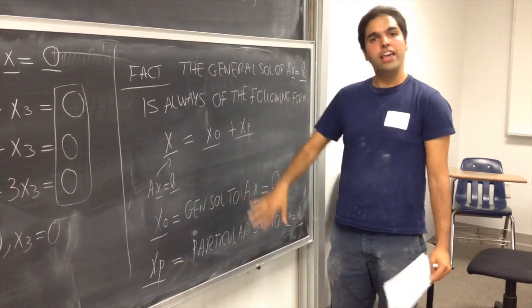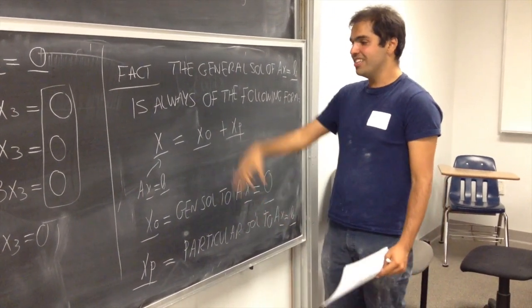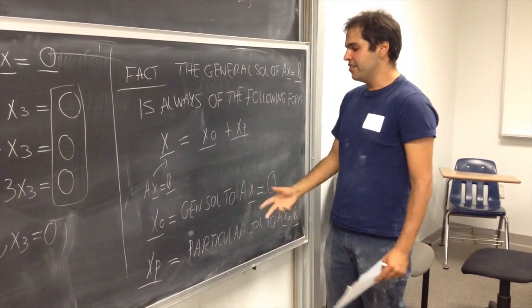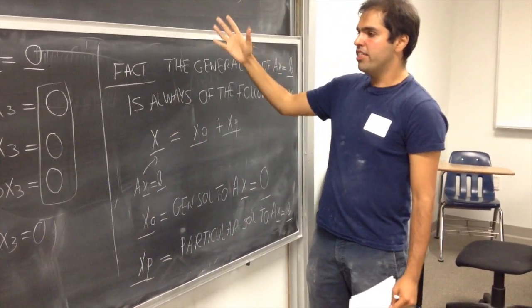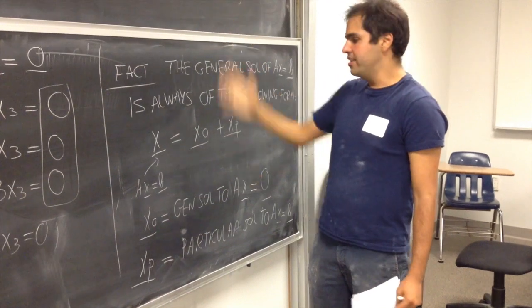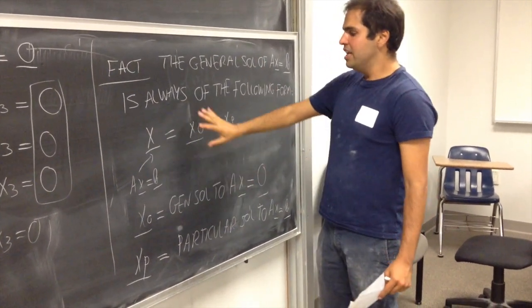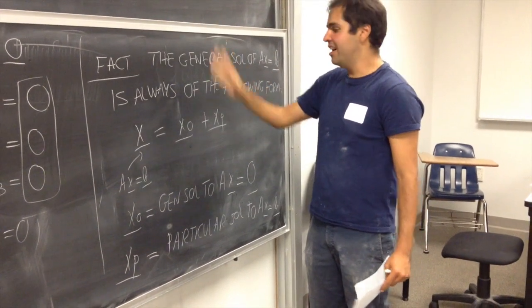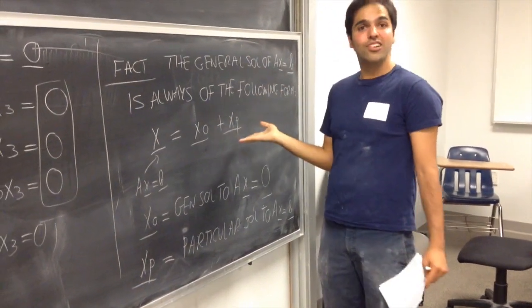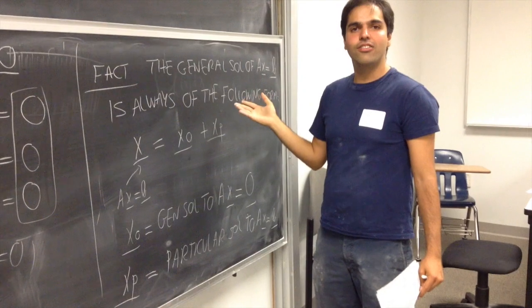And by the way, if you've taken differential equations, there is a very analogous theorem that says if you want to solve a differential equation with an f term on the right-hand side, all you have to do is find a general solution but with 0 on the right-hand side, and just a particular solution with f on the right-hand side.